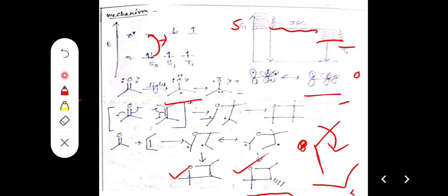Then we can term it as an excited carbonyl, and this excited carbonyl reacts with the olefin. In this way, oxygen attaches to the less substituted carbon atom, two radicals are still there, and these two radicals can combine. Sometimes some rearrangement can also occur, and then recombination occurs. In this way we get products. This is termed the Paterno-Buchi reaction.